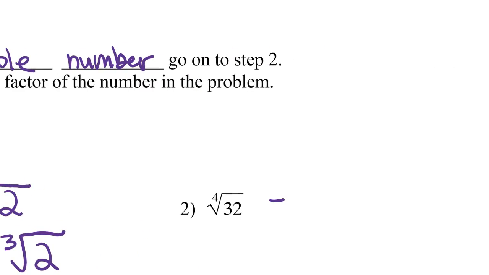Number 2, we're going to be looking at the fourths now. Well, first of all, if you tried the fourth root of 32, it will be a decimal. But always try that first, because if it comes out to be a whole number, why go through all the rest of the work?